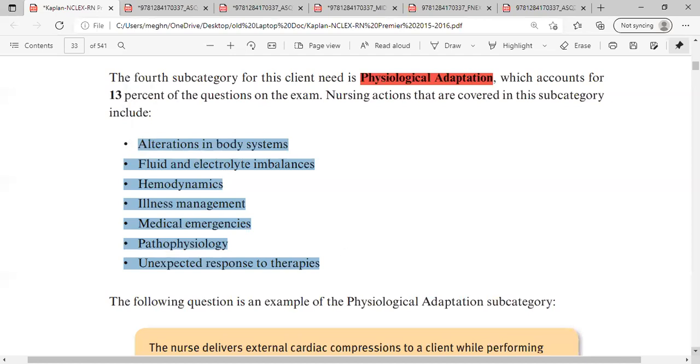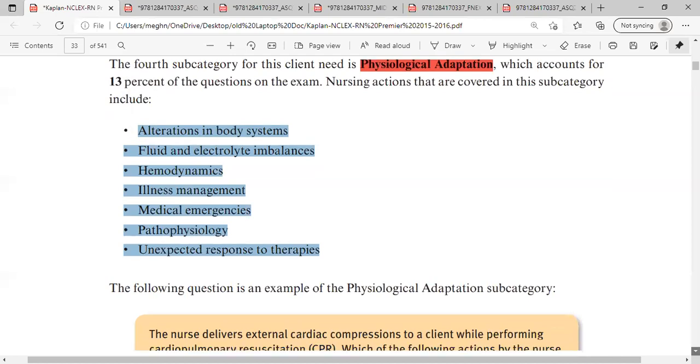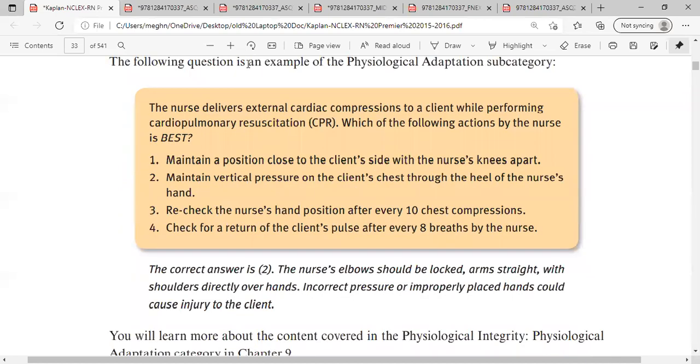Here we go, an example of a question about physiological adaptation. Question example, physiological adaptation subcategory. The nurse delivers external cardiac compression to the client while performing cardiopulmonary resuscitation. CPR, very important, right?